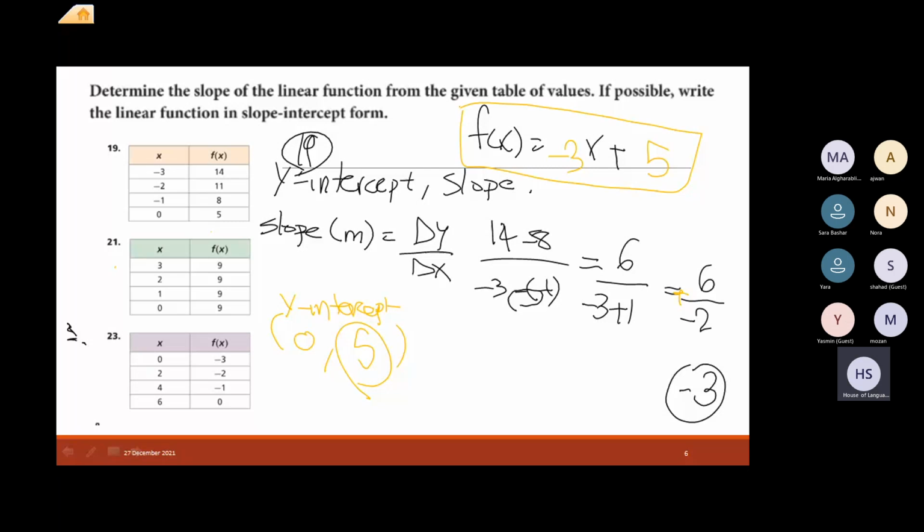Then find the y-intercept. Which is 0? I will clear the solution after you finish. 21, call me to check it. I told you, y-intercept means x is 0. If x is 0, what's the value of y? 5.